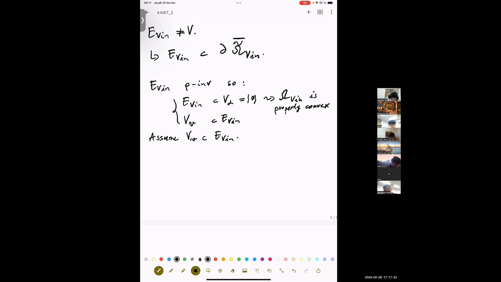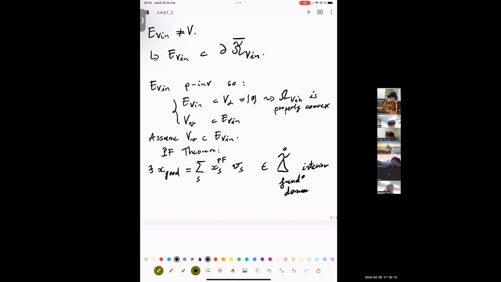We have seen last time, we finished, I think, with that, using the Perron-Frobenius theorem, we were able to find an X that I call X good, which was the sum over all s of the Perron-Frobenius eigenvector of A times the vectors Vs. We have shown that this element was inside the interior of delta, the interior of the fundamental domain. But this element is inside V.